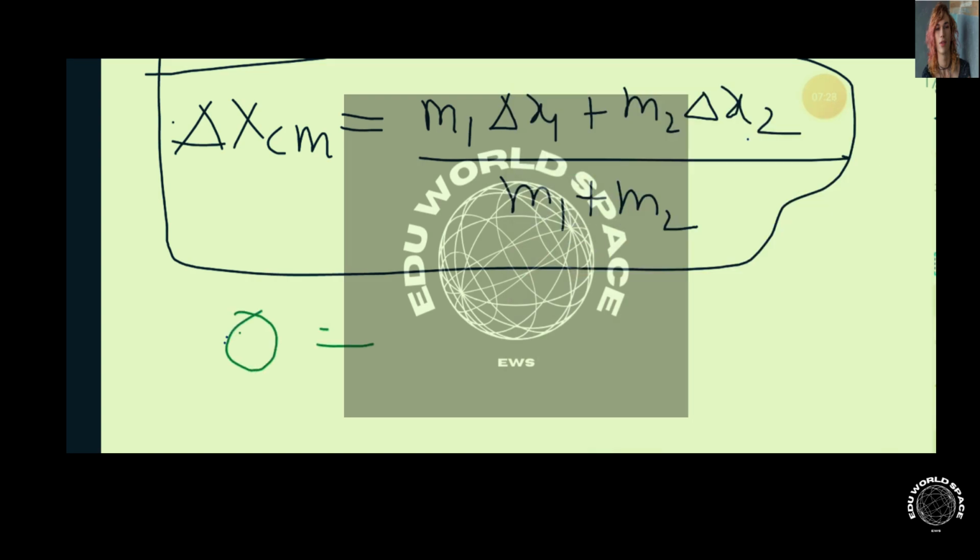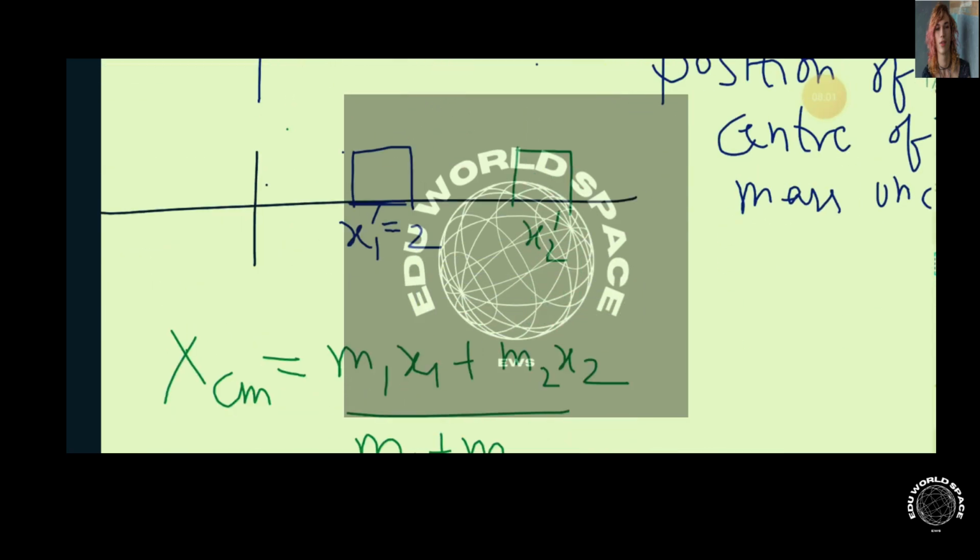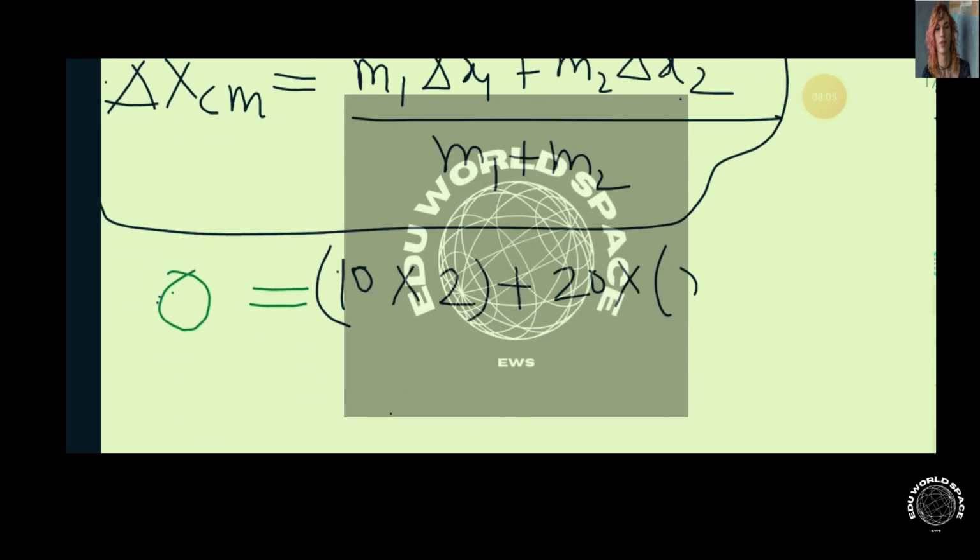That equals m1, which is 10 kg, multiplied by delta x1, the change in x coordinate of the first block, that is 2 minus 0, which is 2, plus m2, which is 20, multiplied by delta x2, the change in position of the second block, which is x2 dash minus x2, divided by m1 plus m2, that is 10 plus 20.